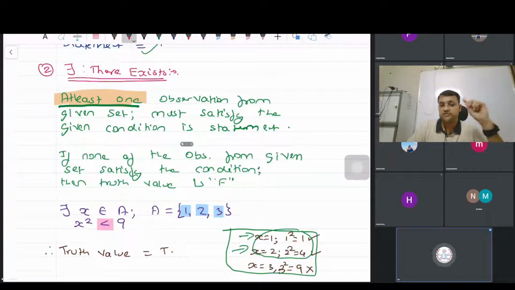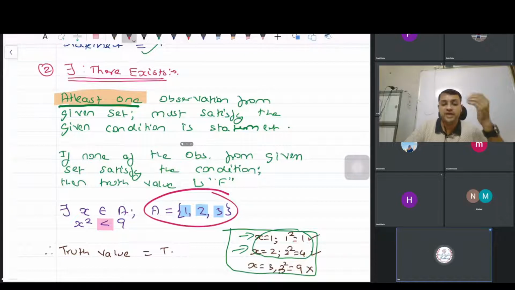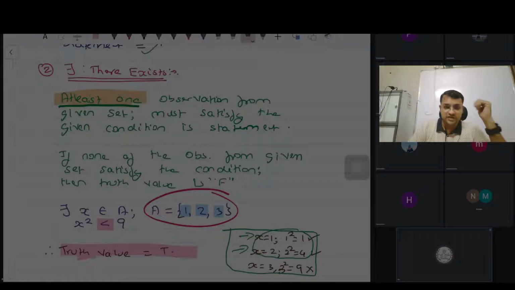So now what is the difference? When I say at least one observation, it means that if there are different values, like over here I am having the values of A as 1, 2 and 3, and any one out of the three values satisfies the condition which is given, which in this case is x square less than 9, then definitely I can say that the truth value of the statement is true.